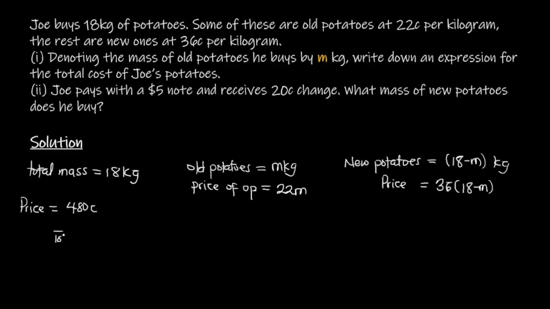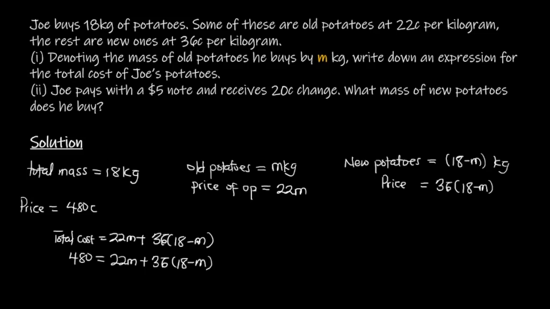Our total cost will be equal to the sum of the old potatoes, which is 22m, plus the sum of the new potatoes, that will be 36 multiplied by 18 minus m. Now we know that our total cost is 480 cents. That is equal to 22m plus 36 into bracket 18 minus m.